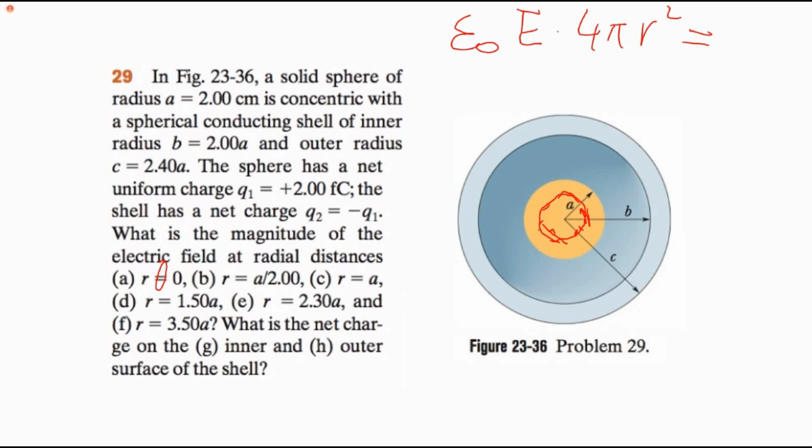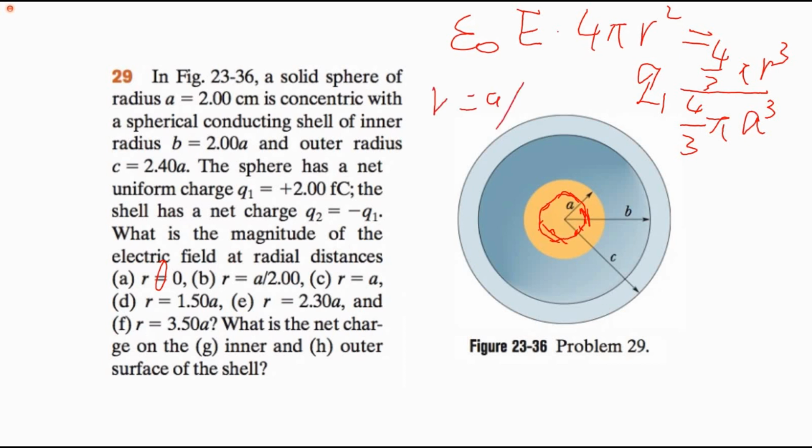We can estimate the total charge from Q1, and the charge inside would be just a ratio of the volume: Q1 over the volume of the total sphere, 4 over 3 pi a cubed, times 4 over 3 pi r cubed. Then you can put in r equals a over 2 and make the calculation.